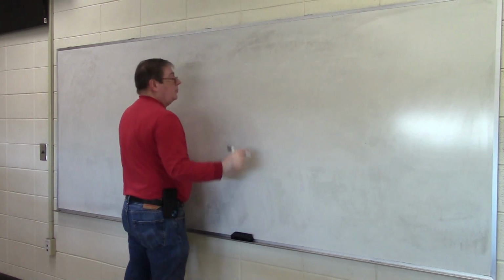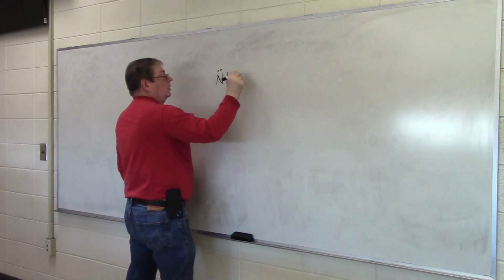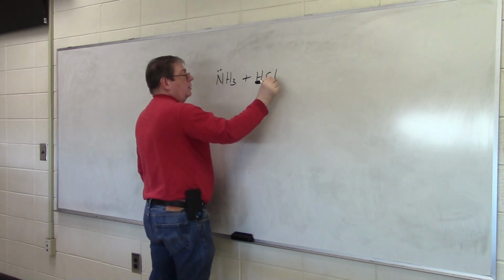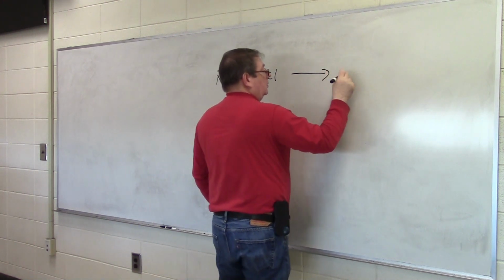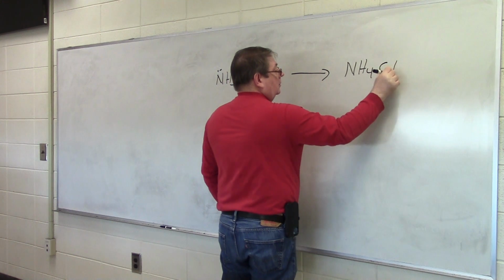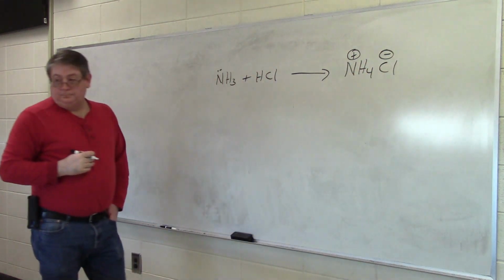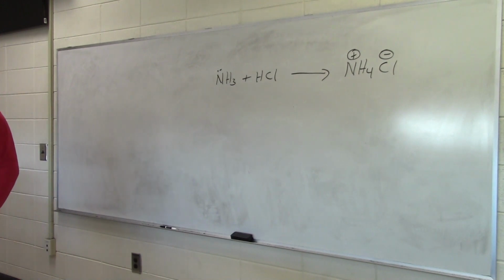Let's take something simple like ammonia plus HCl. Which one of those is the acid and which one of those is the base?